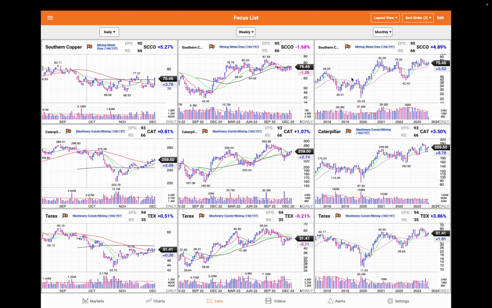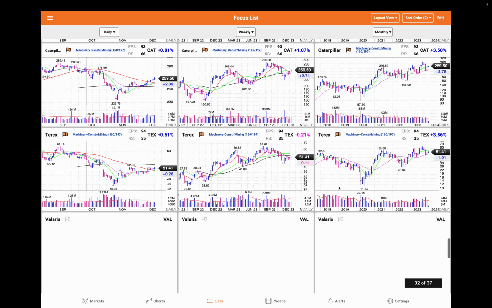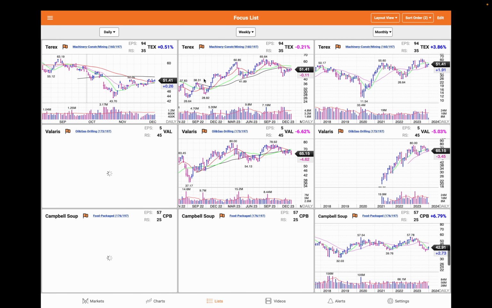Okay, I have this name Caterpillar. It has good price action, bouncing around the 200 DMA, this black line, and it's uptrending. That's why I like it. Terex has similar action.